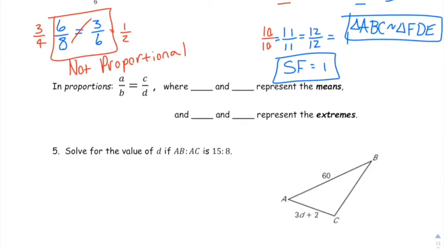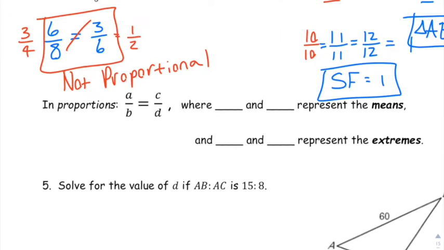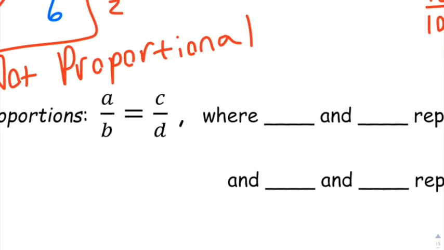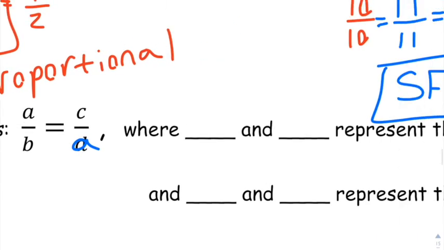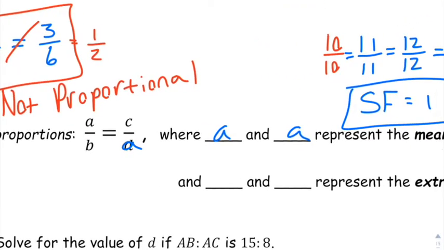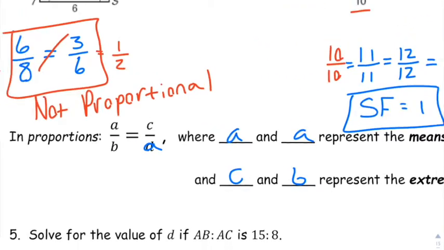Last few here. In this example, in the next lesson, we talk about the means and the extremes. Typically we say the means are where you have two of the same thing. So A and A should be the means, and then C and B are the extremes.